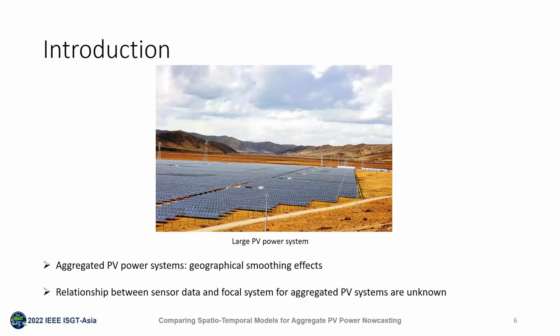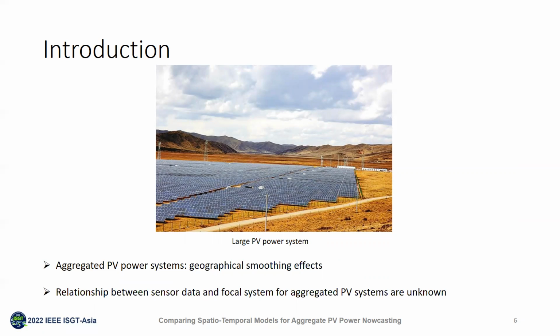Currently, studies on solar nowcasting only focus on point forecast, which means that the target is only a small system or a single sensor. If aggregated power systems are considered, the geographical smoothing effects can significantly affect the correlations between the sensor data and the focal system.